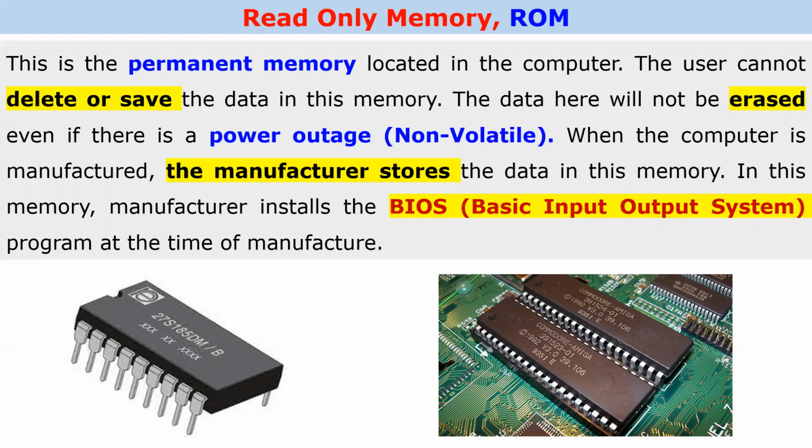We are not able to access the ROM's data or delete the data from the ROM. Only the manufacturer can access ROM's data at the time of manufacturing. Therefore it is also called permanent, because even with no power to the computer, the ROM's data is not damaged or deleted.